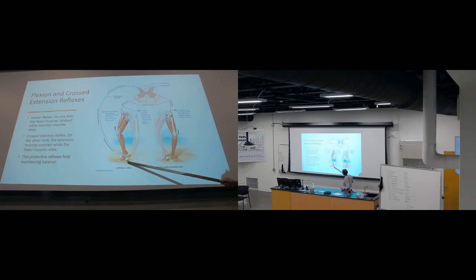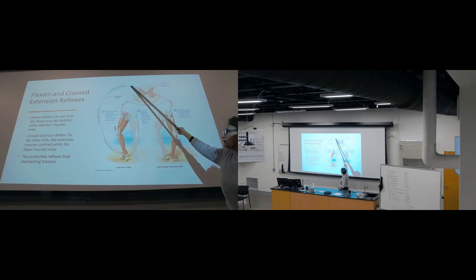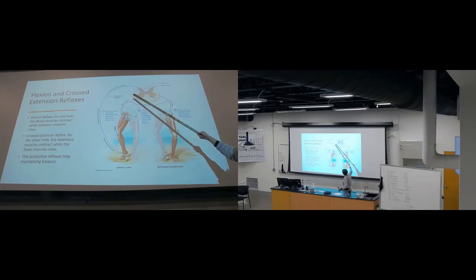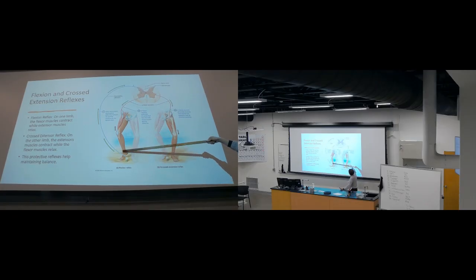If someone, for instance, steps on a sharp object with the foot, that information arrives at the posterior horns, and then you have a unilateral reflex that connects this sensory neuron to these alpha motor neurons, so that when this painful stimulus is transmitted into the spinal cord, your alpha motor neurons on this side stimulate your flexors on this side, so that you can withdraw your foot from whatever object someone stepped on.